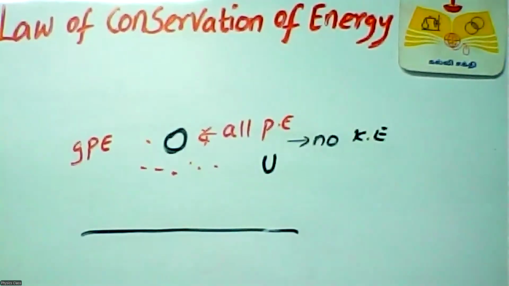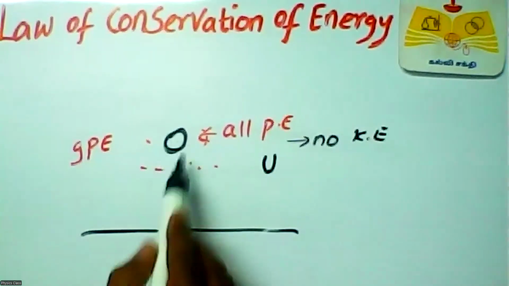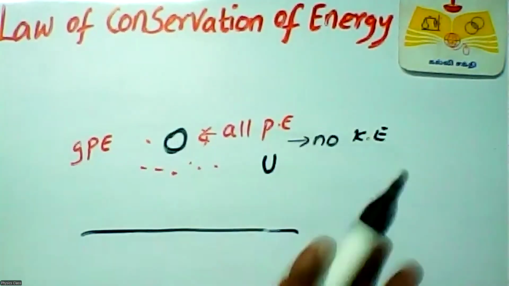Only one type of energy is there: potential energy above the earth's surface. No kinetic energy.